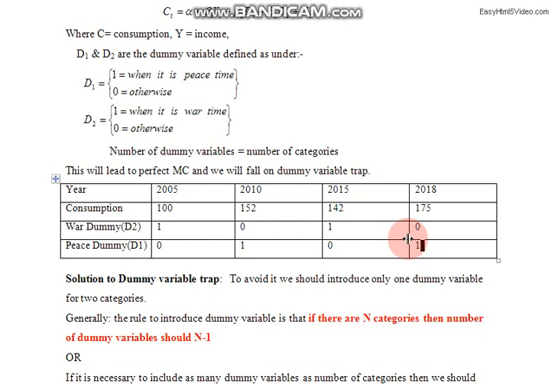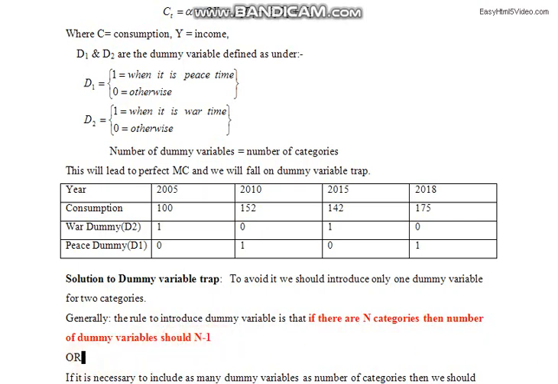So what is the solution to the dummy variable trap? The solution is that if there are two categories, then we must introduce only one dummy variable. Generally, the rule is that if there are n categories, then the number of dummy variables should be n minus 1.